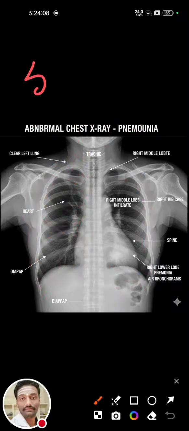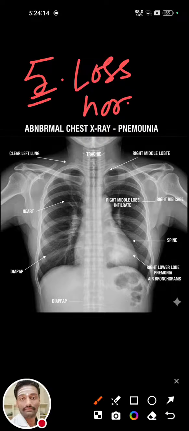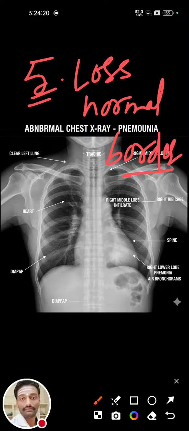Okay, fifth point in the pneumonia case is to check for loss of normal border. Check for the loss of the normal border. First one is right heart border lost, seen in right middle lobe pneumonia.